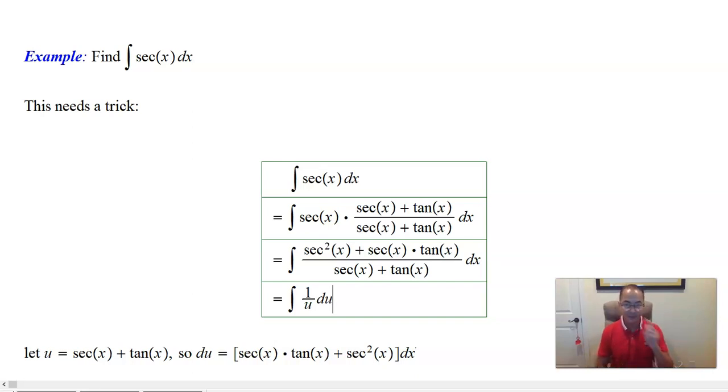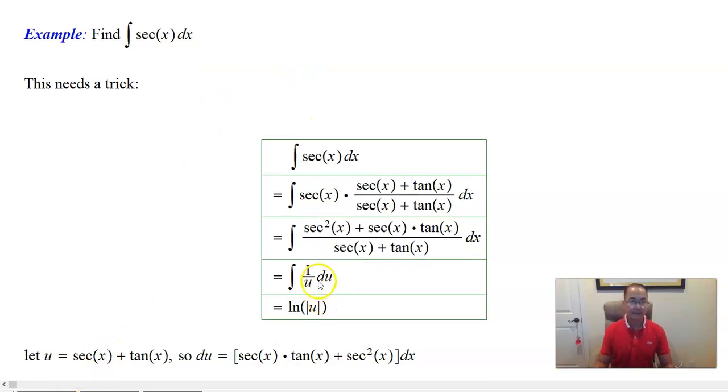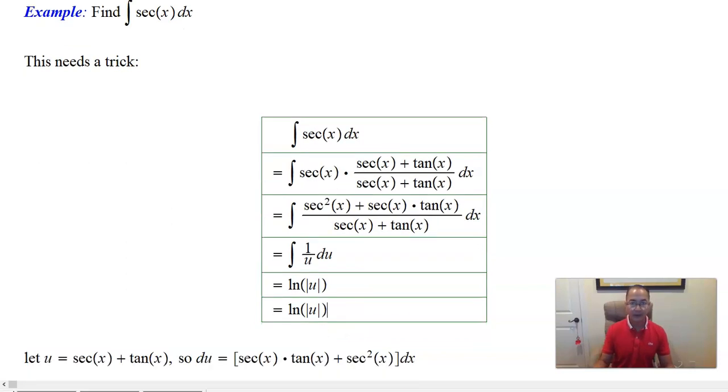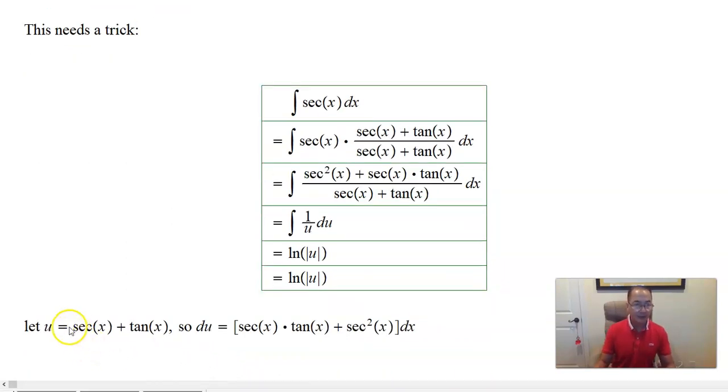Yay! So clean. So once again, the antiderivative of 1 over u is ln of absolute value of u. And our u is this. So the final answer is going to be ln of absolute value of secant x plus tangent x.